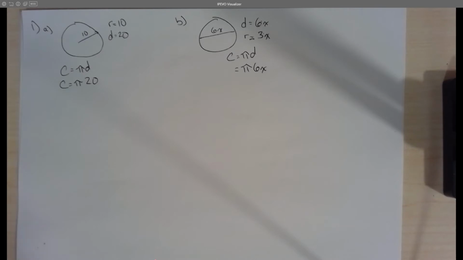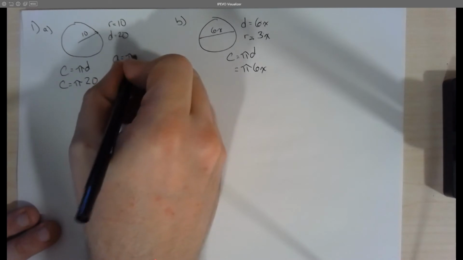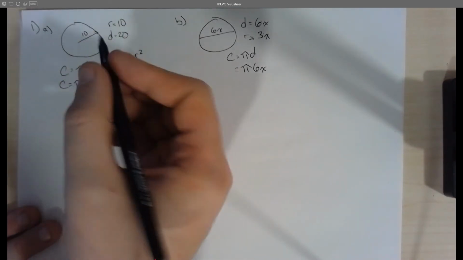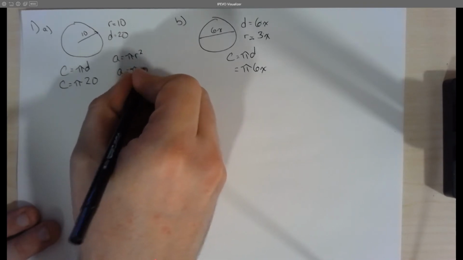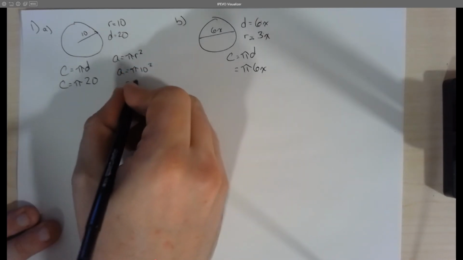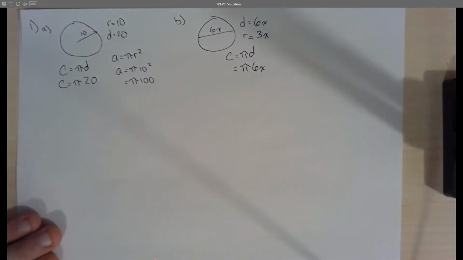For our area of the given circle, area equals pi r squared. We know our radius is 10, so area equals pi 10 squared, or pi 100, or 100 pi if you want to flip those.